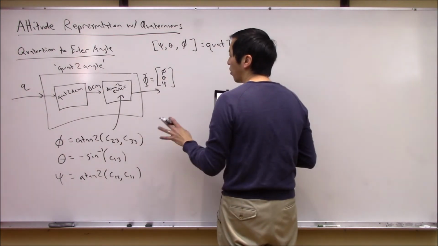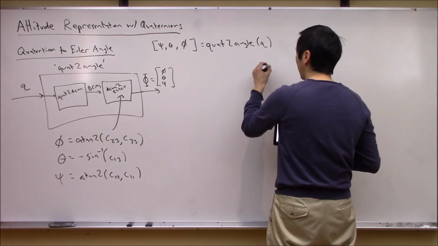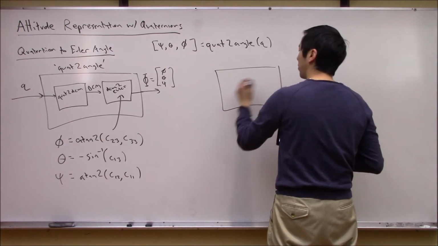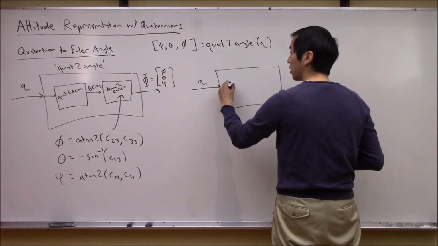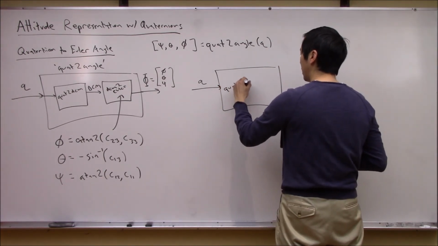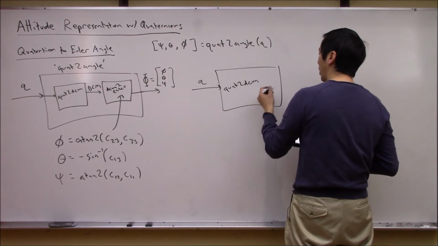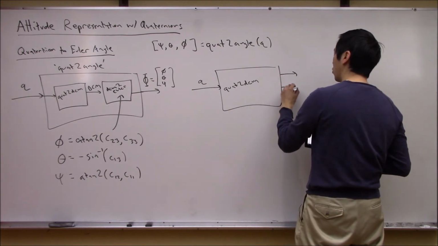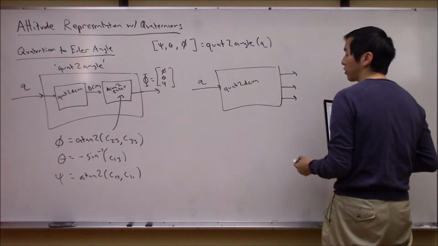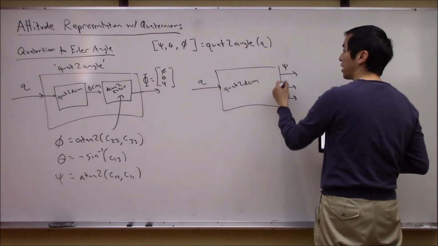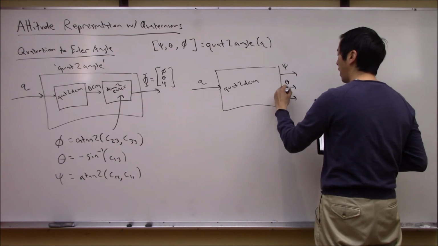So all you have to worry about is that if you are wrapping this up in some model where you've got Q coming in and you're calling quat to angle, don't just blindly take these three elements and assume they're the Euler angles in the proper order. It's actually going to give you psi, theta, and then phi first.